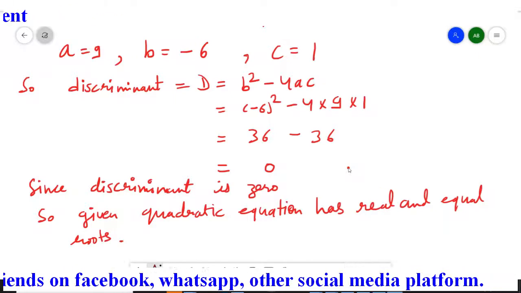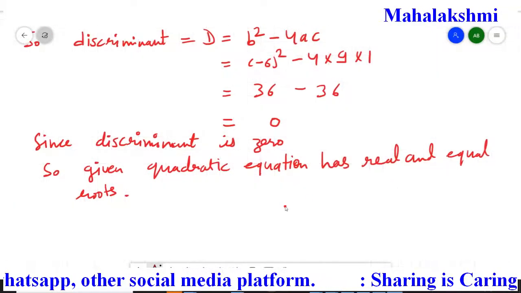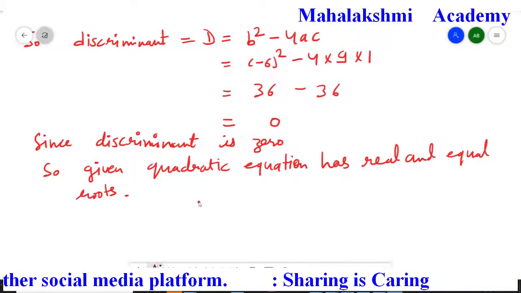Since D is 0, both roots are going to be real as well as equal to each other. So this is the nature of the roots for this question.